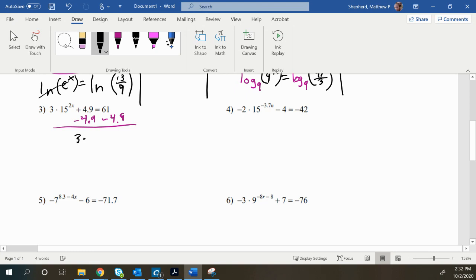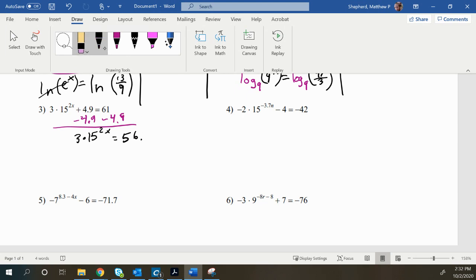We'll get 3 times 15 to the power of 2x is equal to 61 minus 4.9, which should be 56... no, sorry, 56.1.